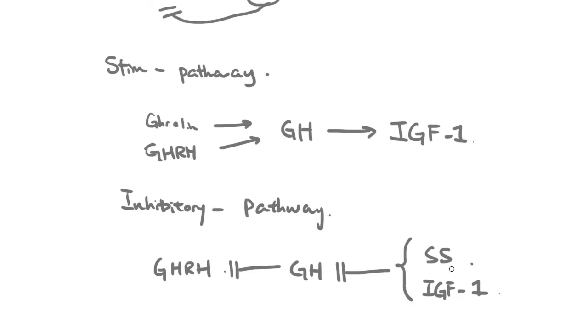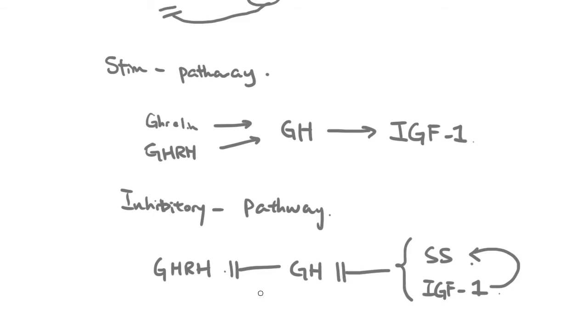Because IGF-1 actually activates SS, which then inhibits GH, and IGF-1 would also inhibit GH itself.